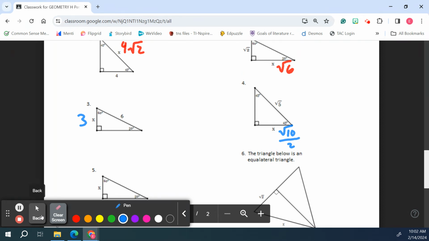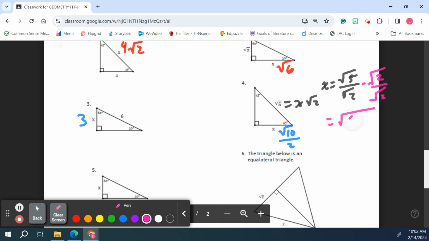All right, so this is equal to x times square root of 2, right? So x is equal to square root of 5 over the square root of 2. When I rationalize, that leaves me with 5 times 2 over 2, which leaves you with square root of 10 over 2. Does that make sense, Tony?